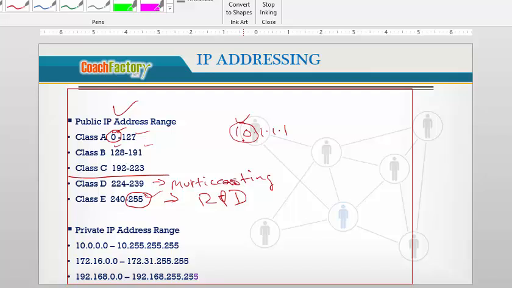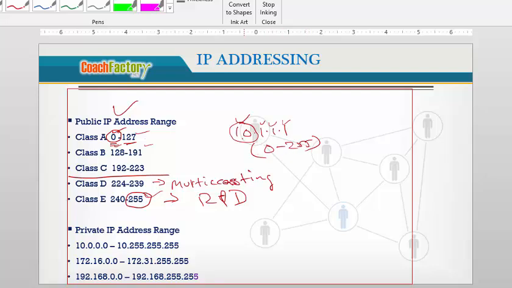10 belongs to which class? It falls into what? The 0 to 127 range. So it comes under the 0 to 127 range, so it is a class A address. Now you don't need to bother about the other three octet numbers. They could be anything between 0 to 255.